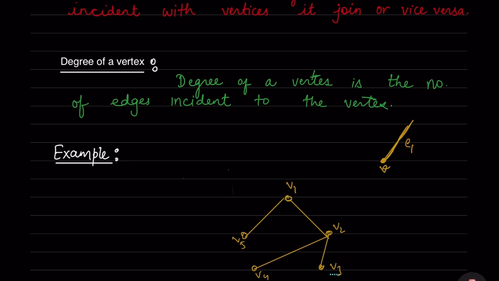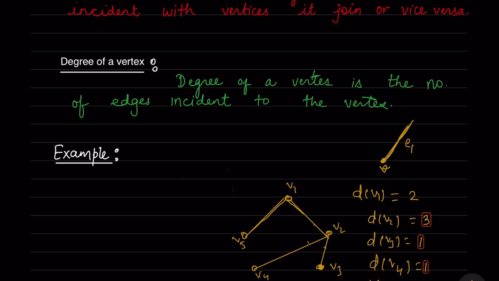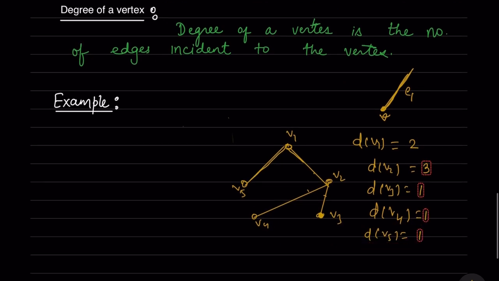Vertex V1 has two edges incident, so the degree of V1 is 2. Degree is basically denoted by d. For V2, three edges are incident, so the degree of V2 is 3. The degree of V3 is 1, as one edge is incident on V3. The degree of V4 is 1, and the degree of V5 is 1. So the degree of a vertex is the number of edges incident to the vertex.